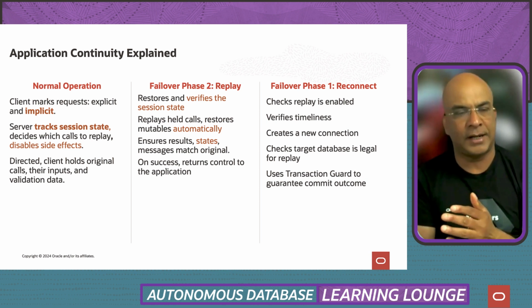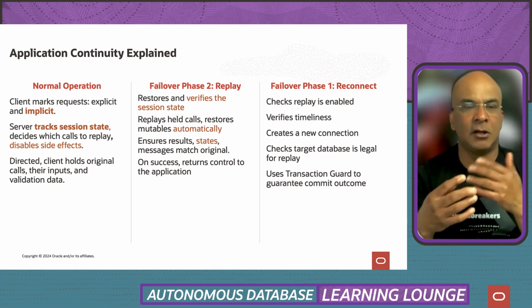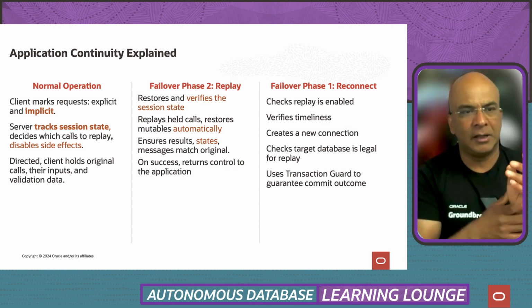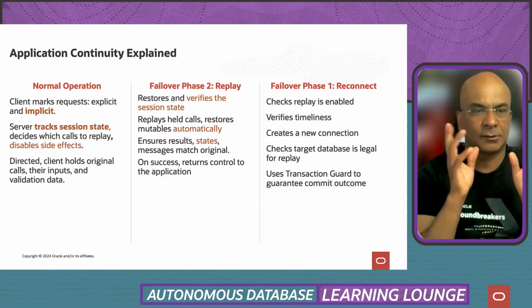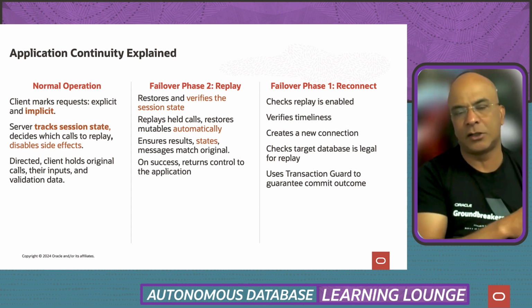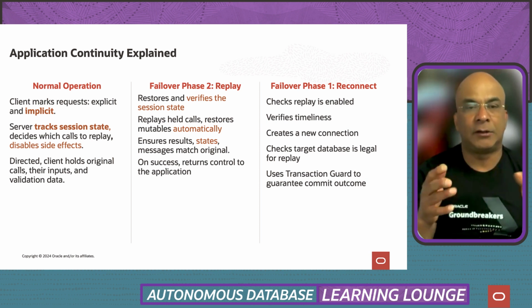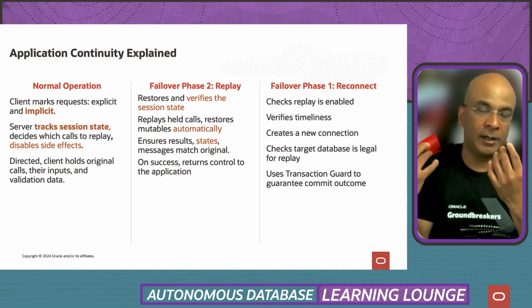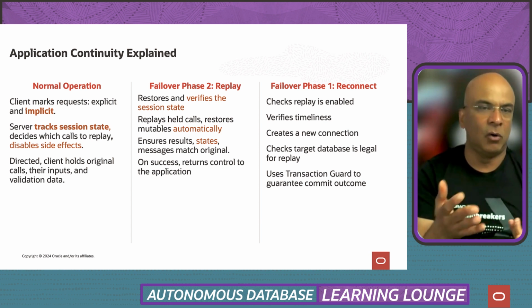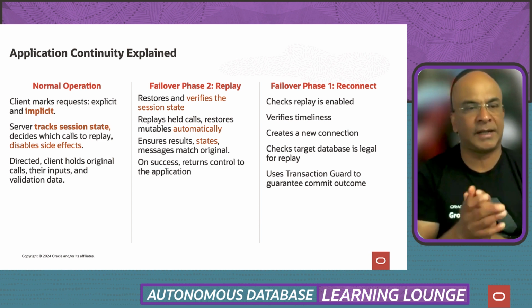Can I continue where I left off? Those are the things we did not know, which is what Application Continuity helps with. For example, here, Application Continuity provides you with this interesting thing called draining. Draining is so important because if you have 1,000 connections and you fail over without draining, it could be a connection storm which could make your existing connections on the same node go slower and impact your SLA.